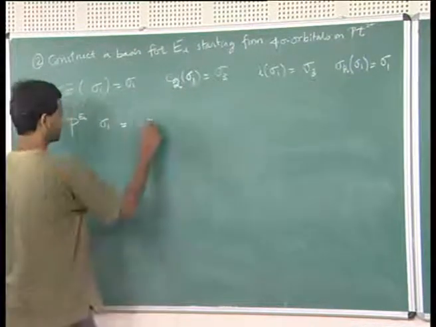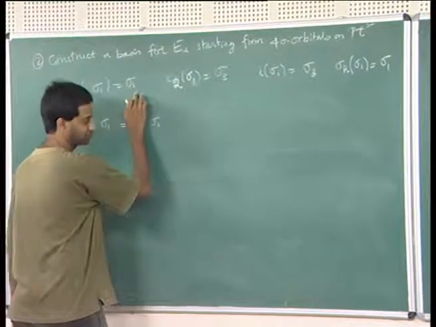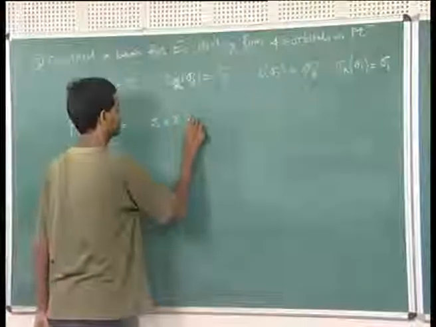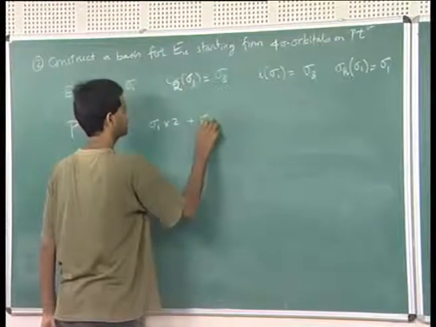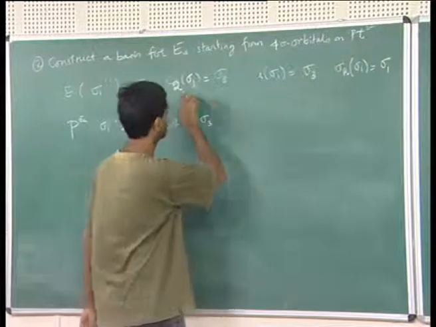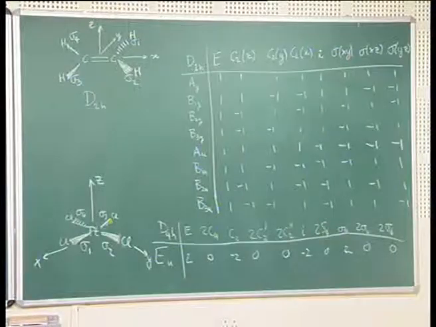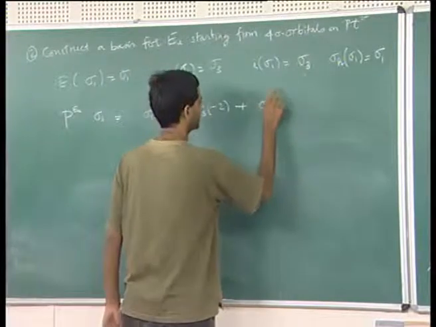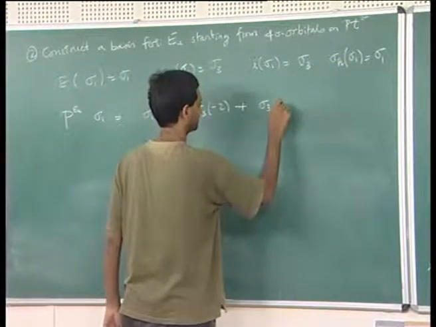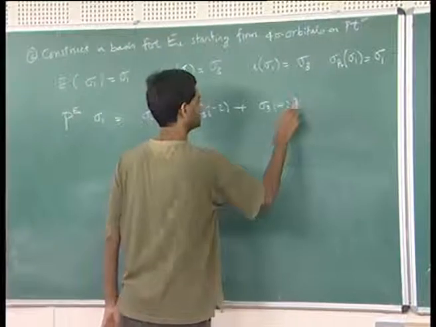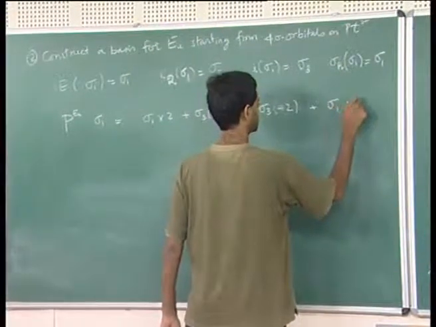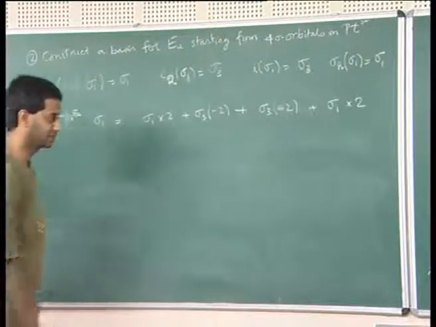This can be written as sigma 1 times character of E, which is 2, plus sigma 3 times character of C2, which is minus 2, plus sigma 3 times character of I, which is minus 2, and sigma 1 times character of sigma h, which is 2.